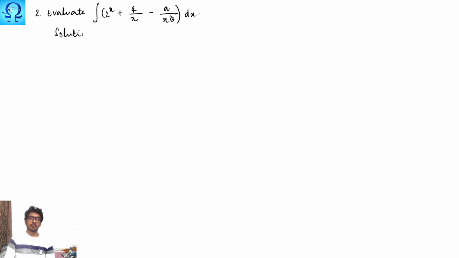The next problem is: we are asked to evaluate integral 2 power x plus 4 upon x minus a upon x power 1 by 3 dx. So here, what are the formulas that we are going to make use of?